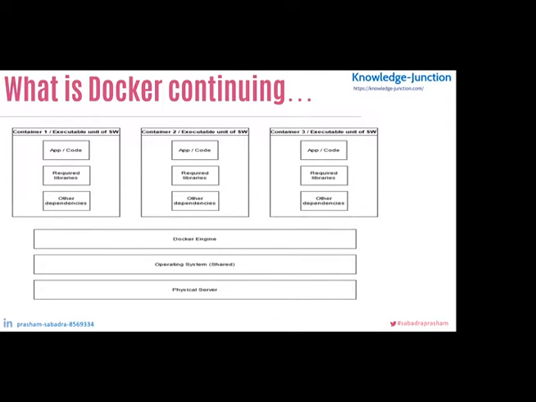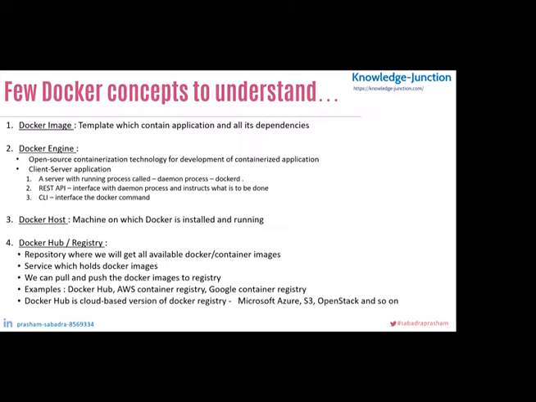Then there is the Docker engine, which we saw in the previous figure. The Docker engine is a technology, a platform for creating containerized applications. It is like a client-server application; when we see the demo, we will discuss it. When we install Docker, the machine becomes a Docker host.